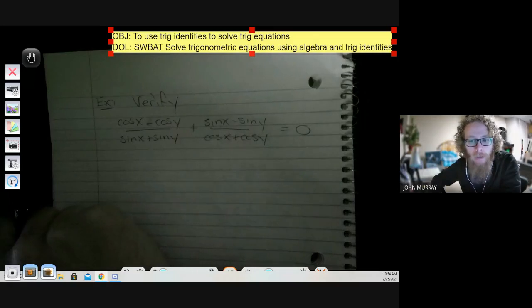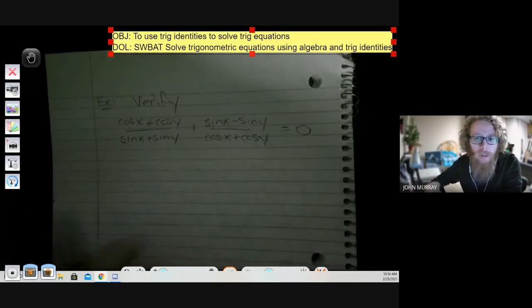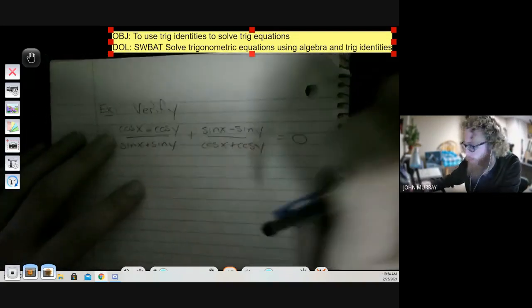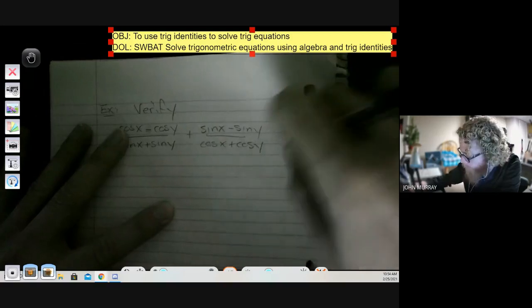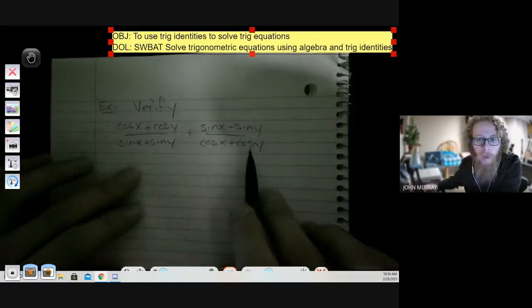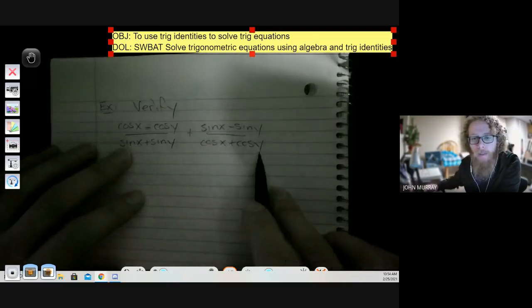The one thing I'm noticing is they're asking me to add fractions, right? So in order to add fractions, we need common denominators. Since these two denominators don't share anything in common, for now I'm just going to remove the 0 to give us some room. We multiply by the other denominator.